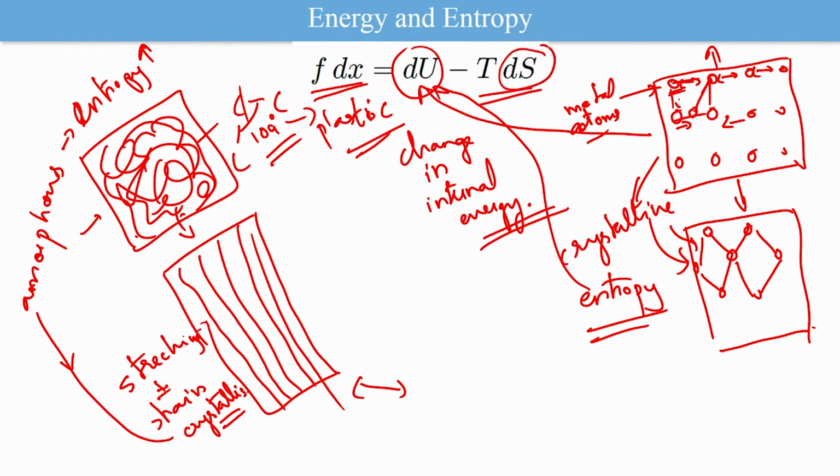That is why, when we increase the temperature of the rubber, since the change in entropy term is significant, it actually reduces the work done. And in the case of metal, since du is the predominant one and the volume change is significant, it will dominate the work done and cause the elongation of the material.